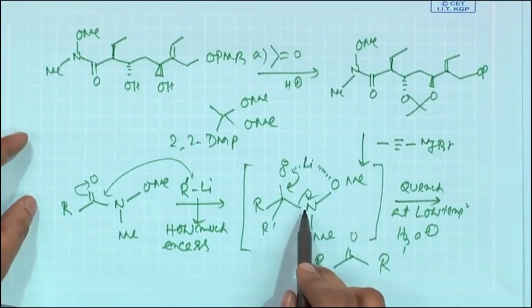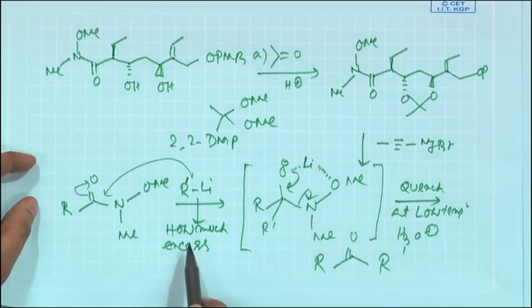Normally if you react with esters and acids, you will end up with this. First you get the ketone, then it reacts with another equivalent of Grignard or lithium to get the tertiary alcohol. But with the Weinreb amide, as I said, once you get the cyclic chelate, the cyclic chelate is rock stable.